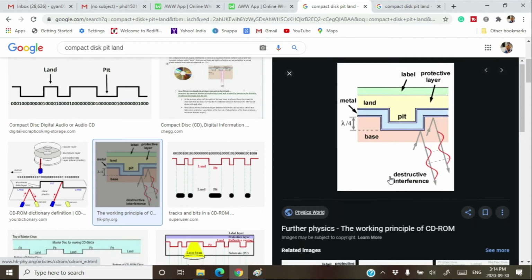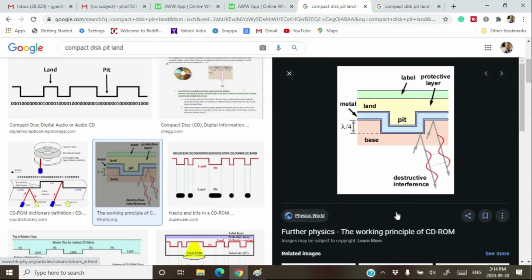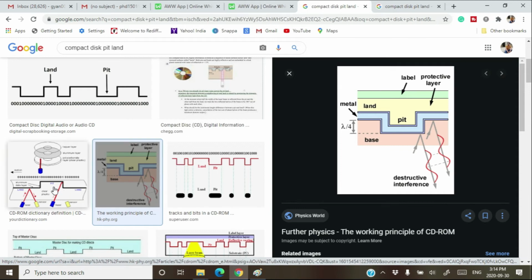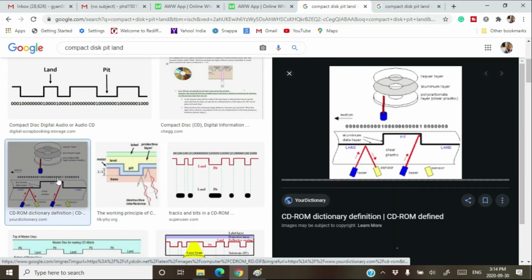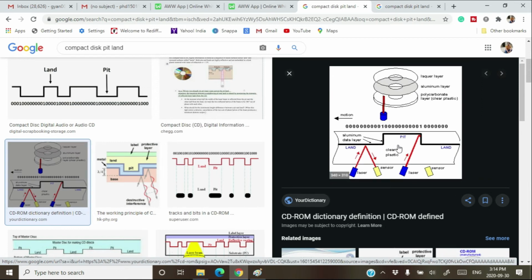Now look at this picture. The credit goes to Physics World. This is a very good picture. You have a laser beam and you have a sensor. The laser beam fires the laser and the sensor receives the laser.